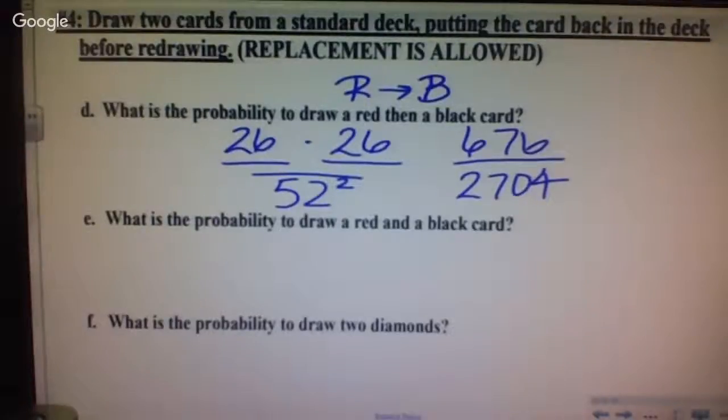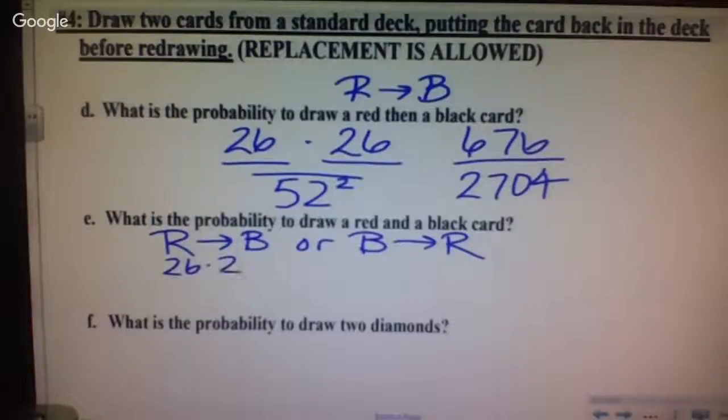When they use the word "and," I don't care which one comes first. I can do a red, then a black, or a black, then a red. So I have to do this twice. Okay, so red, then black, 26 and 26.